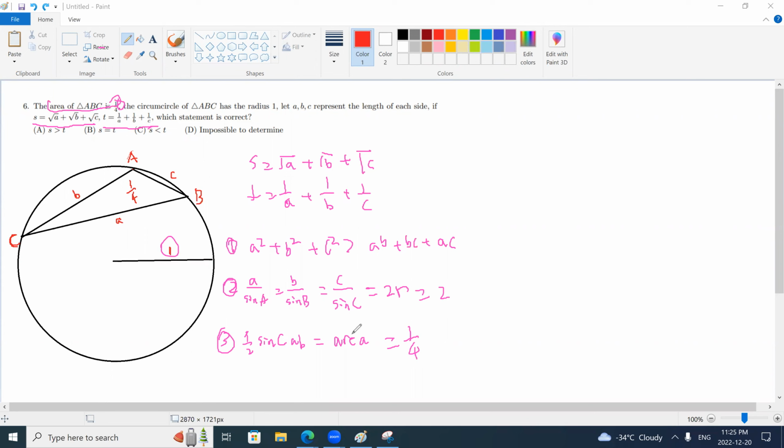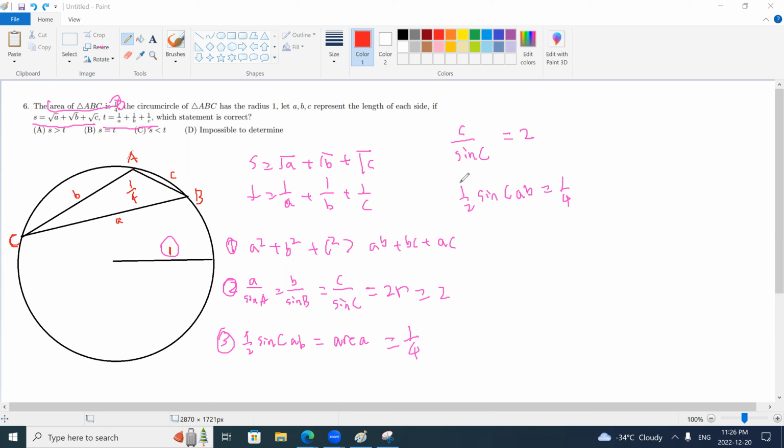Now let's combine these two formulas. So we have c divided by sine c is equal to 2, and 1/2 ab sine c is equal to 1/4.